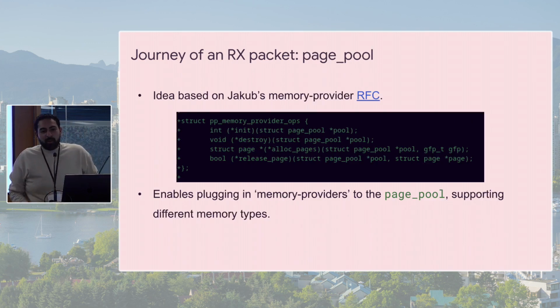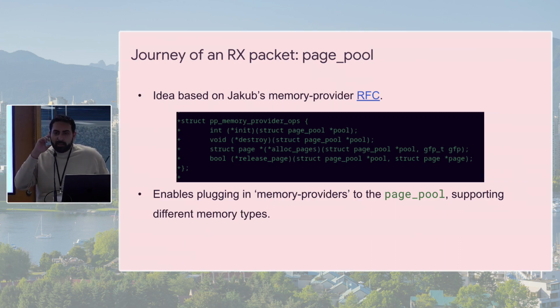Now we'll go into some details about how the page pool actuates that binding. The idea is based on an RFC from Jakub Kicinski a few months ago now, I think. It's a simple idea of plugging a memory provider into the page pool. These are the ops for the memory provider. It's quite simple: an init and a destroy, an allocation function, a freeing function.